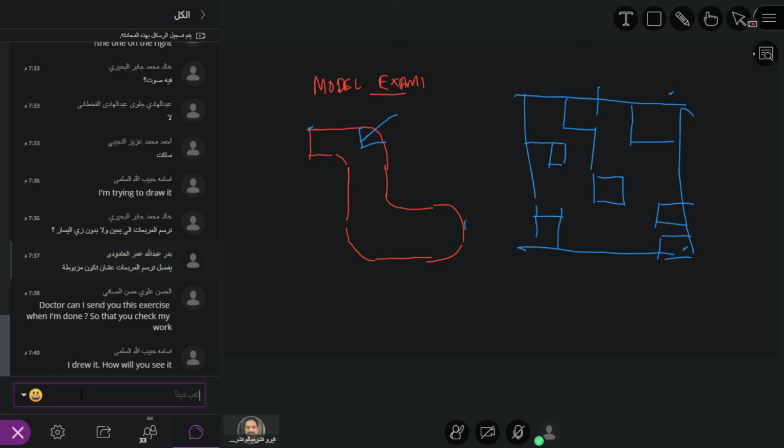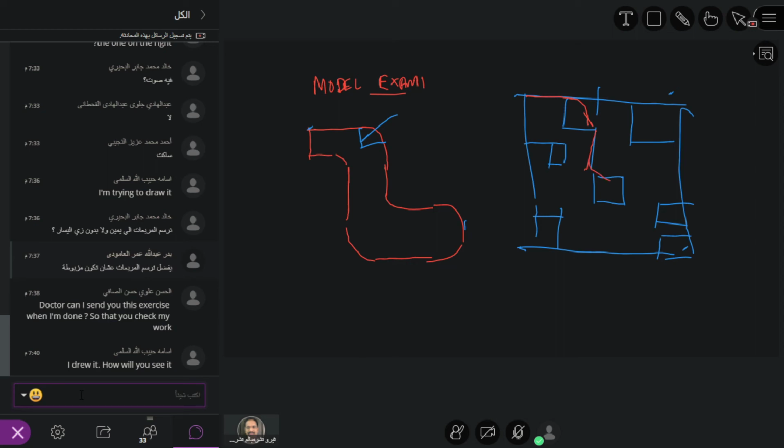First, there is no need to draw this because that is simple, so I will join it here, and then from here I will make an arc like this, and then join it here, and again I will make another arc, right?